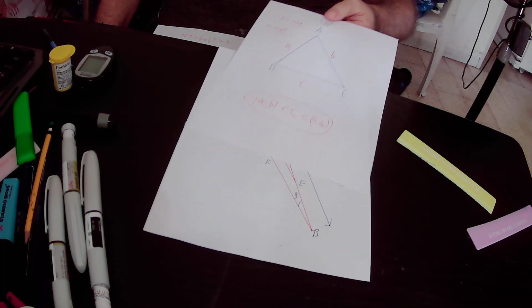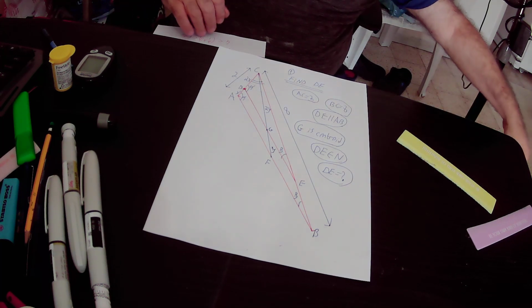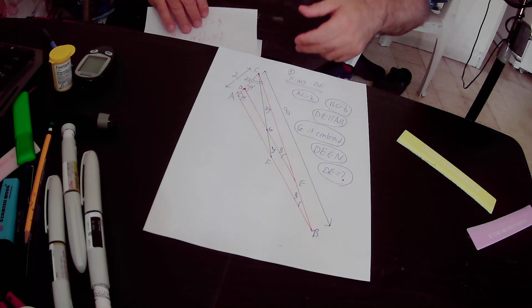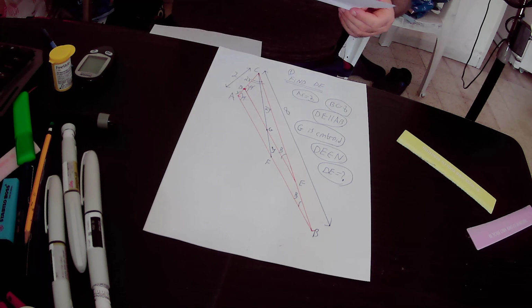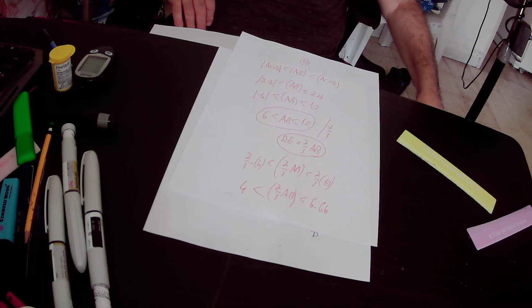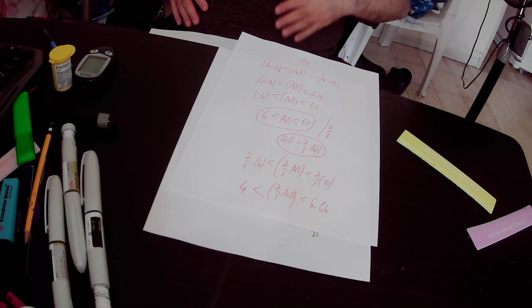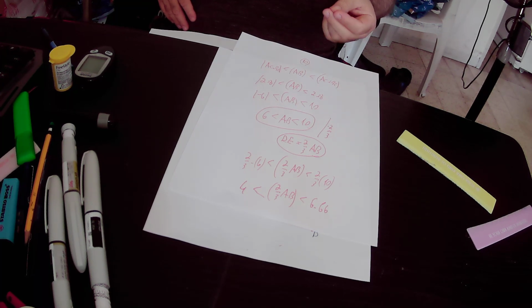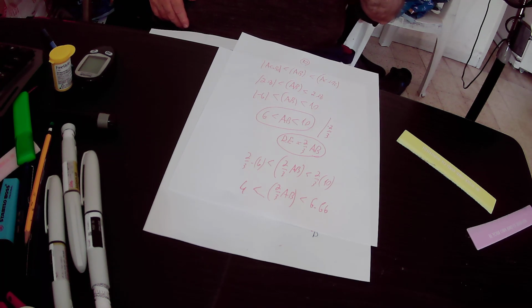Okay, so we can implement this rule in our triangle ABC. If we relate to side AB of triangle ABC, AB will always be smaller than AC plus BC, and AB will always be greater than the difference between the other two sides of the triangle, that is AC minus BC, in its absolute value.